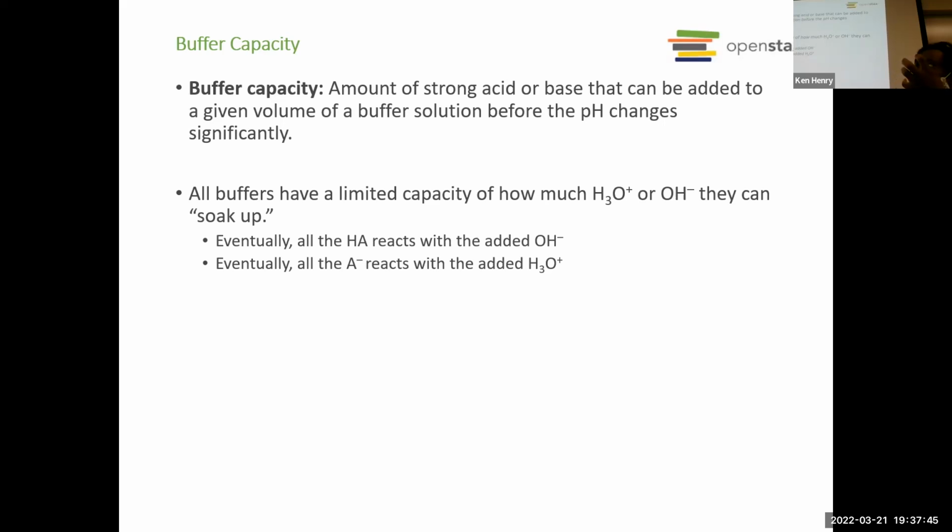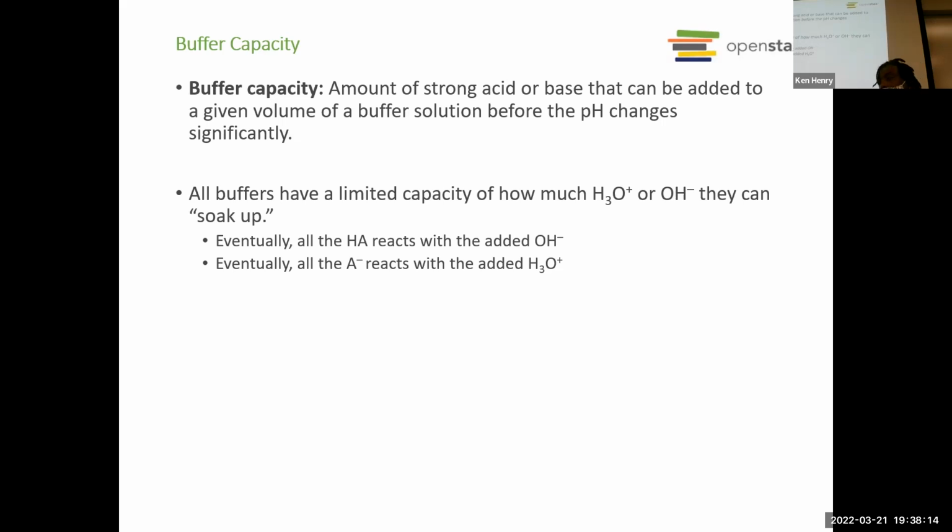Eventually all of the H pluses are going to react with the conjugate base, and so they're going to be sucked up. Once they're all gone, you're not going to have anything binding them that keeps them from affecting the pH. Does that make sense? So eventually you're going to reach that limit. There's always going to be a limit.